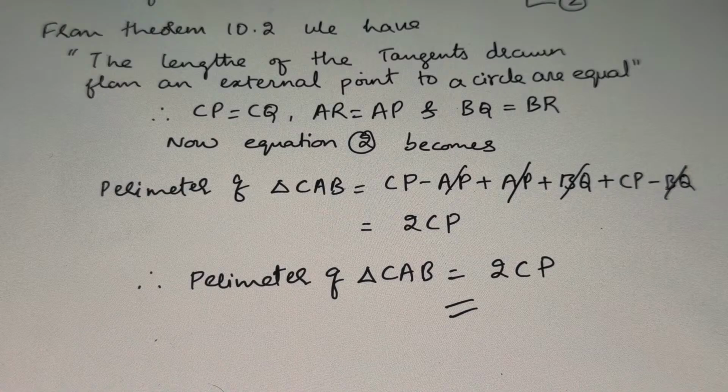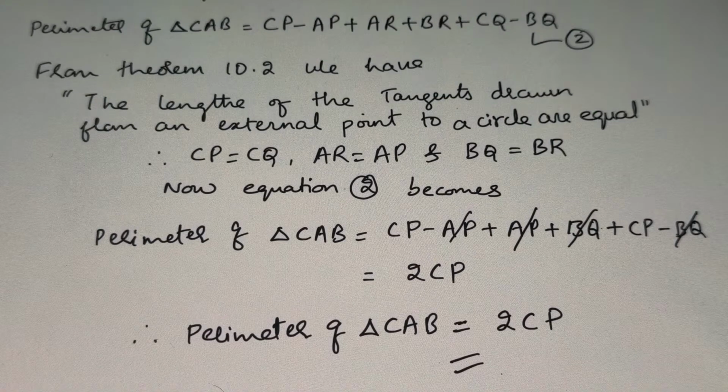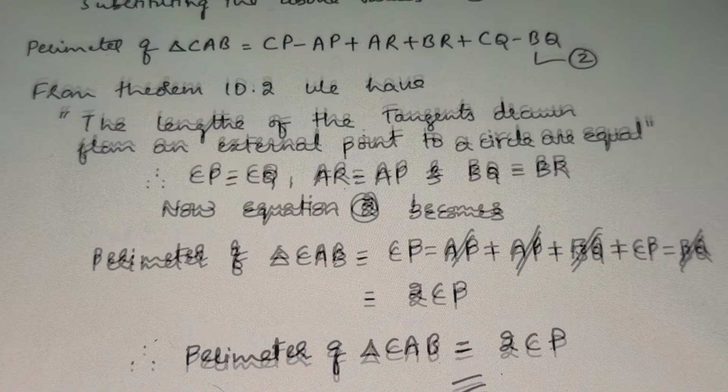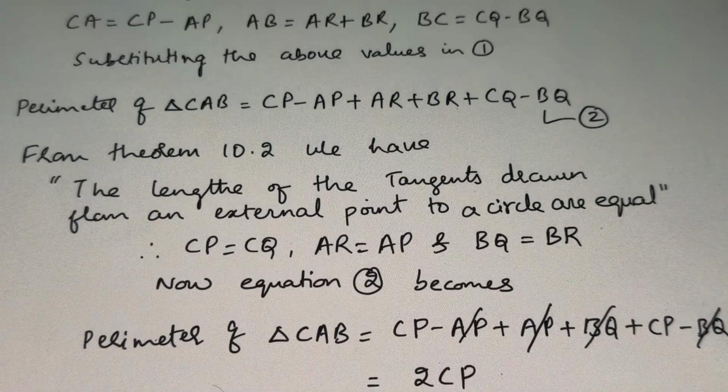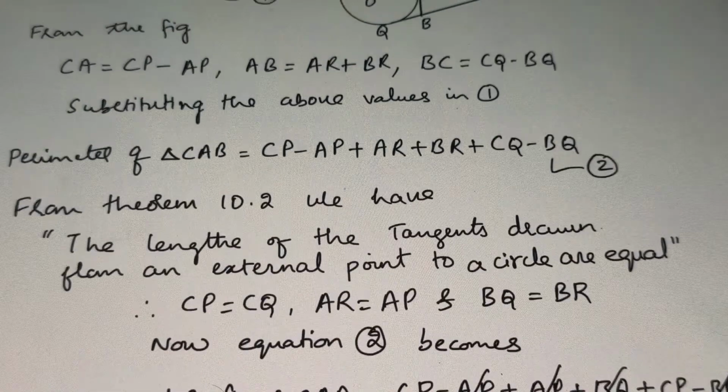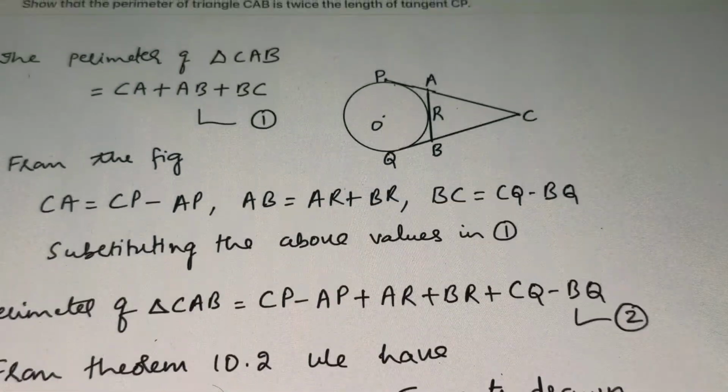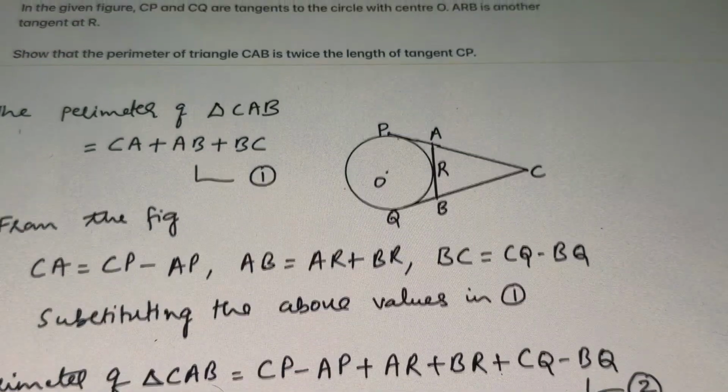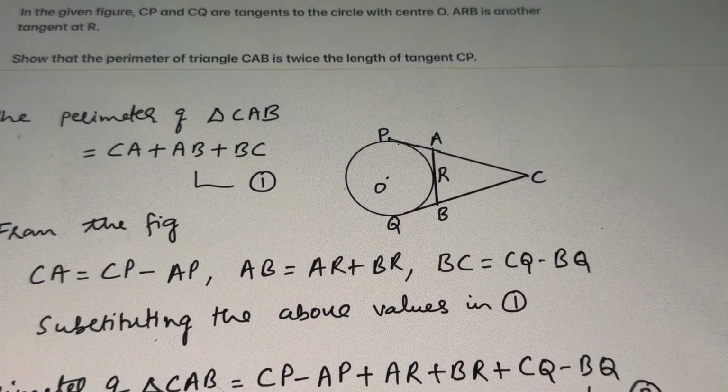Very important problem we have solved using theorem 10.2 and many more conditions. They have given this for 2 marks, so it's a very important one. Kindly revise the problem to understand it better.